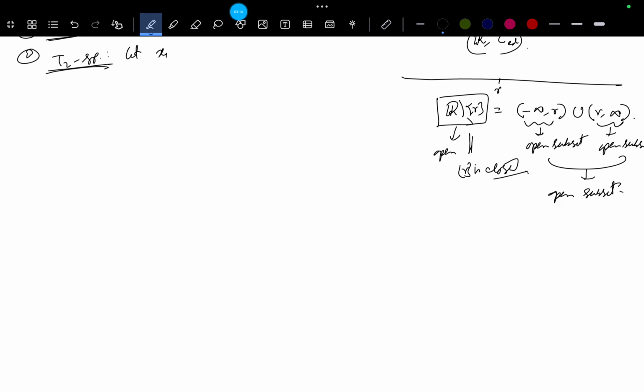Remember that in the case of a T1 space, we'll give an overview later, but let us first list the definitions. Next is something called a T3 space.